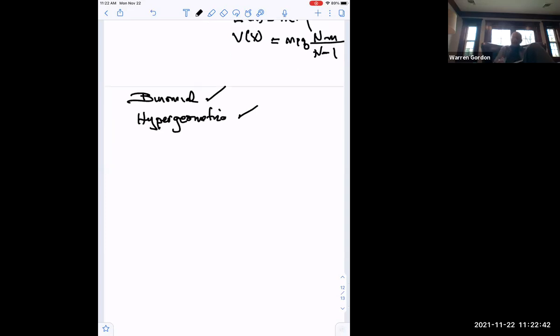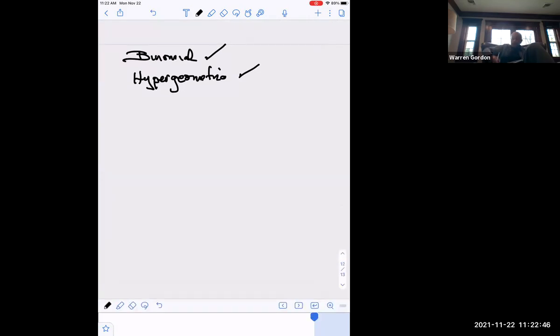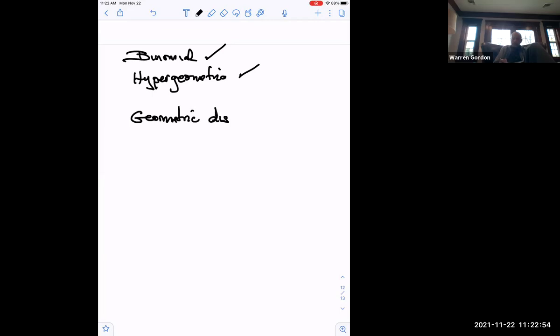So I now want to define the geometric distribution. This is a really beautiful distribution and has some really nice applications.